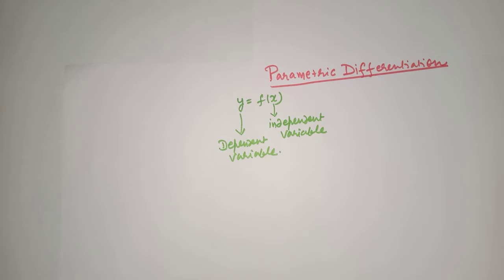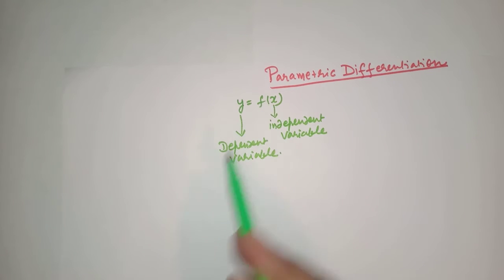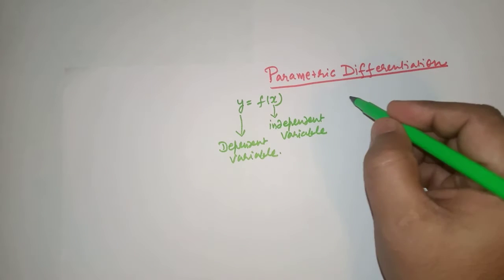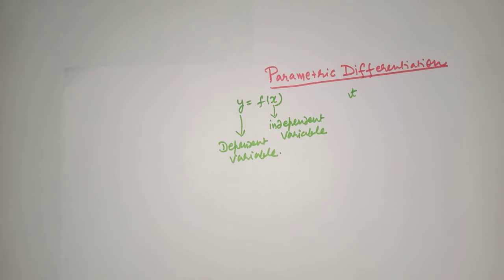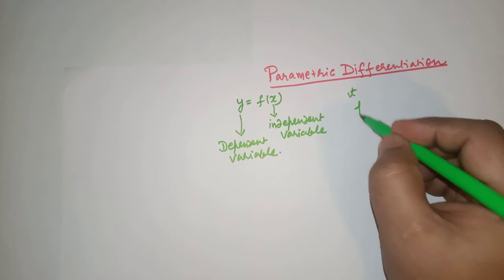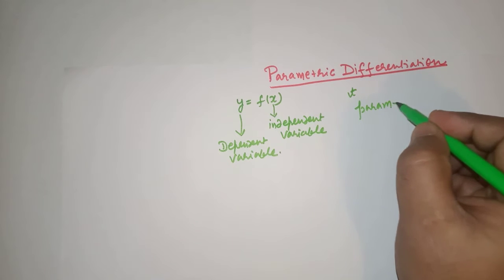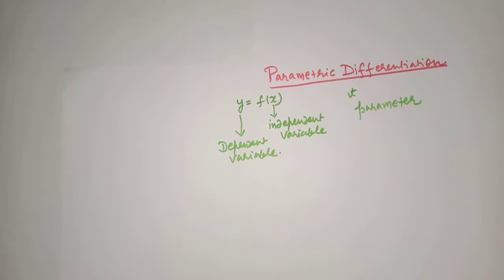Now instead of a function y equal to f(x) defined explicitly in terms of the independent variable x, it is sometimes useful to define both x and y in terms of a third variable, say t, and this t is known as a parameter. Okay?